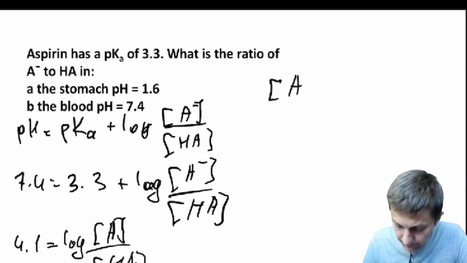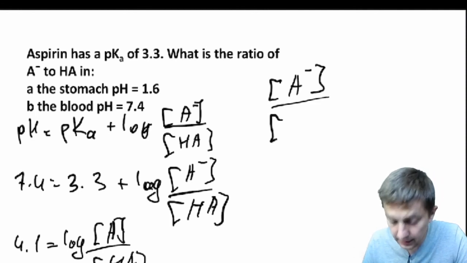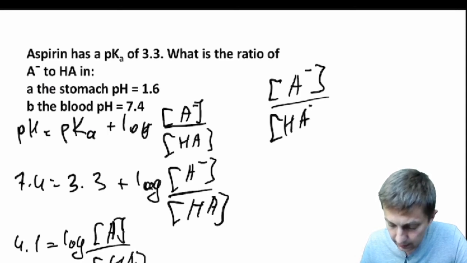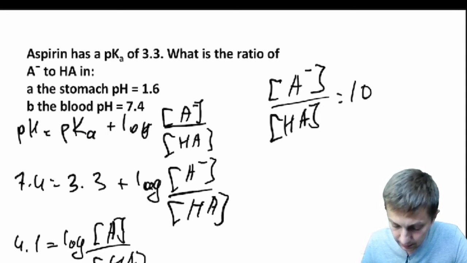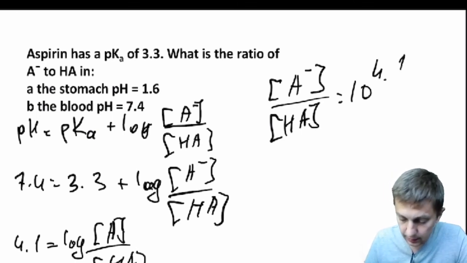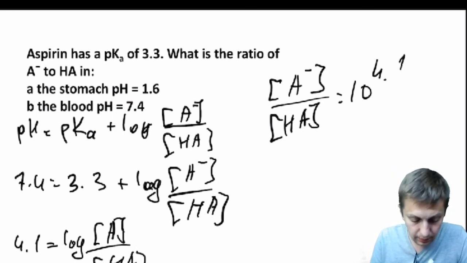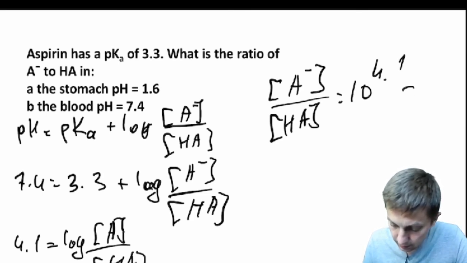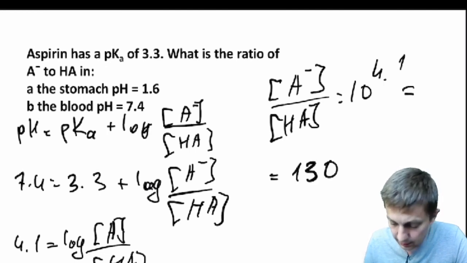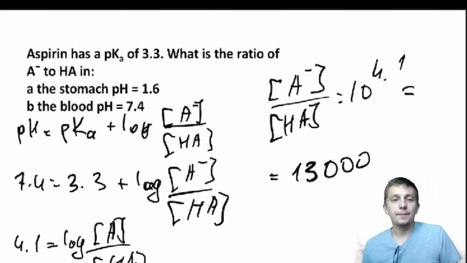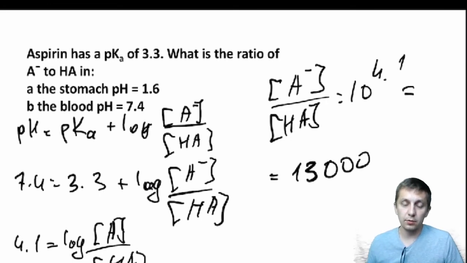So the ratio of anions, it doesn't matter what the anions look like, divided by the concentration of acid equals 10 to the power 4.1. So it will be about 30,000. So mainly inside our blood, aspirin exists more than 99.9% in anion form.